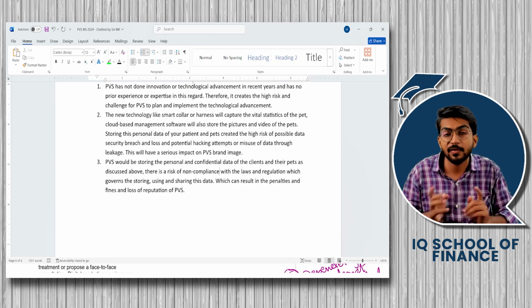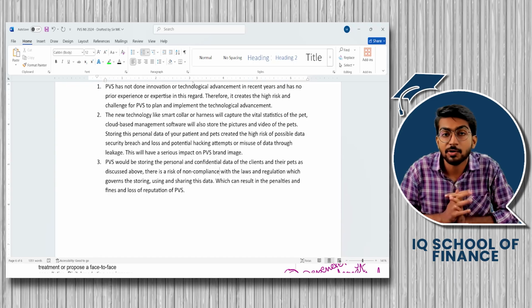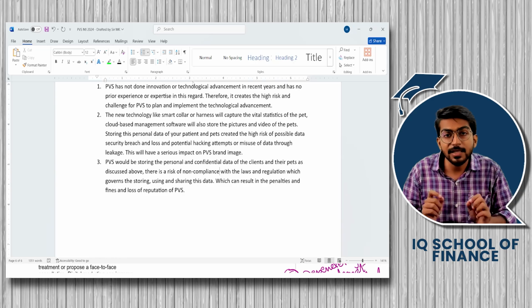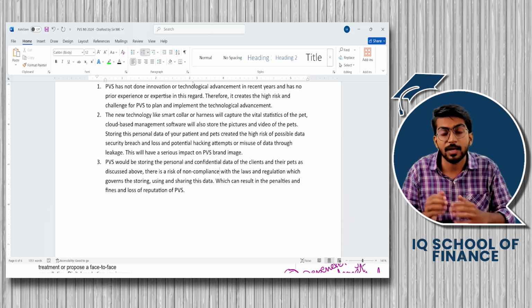Pooja, what you have done is you have mixed two points, right? You have mixed the data security or data breach thing with the non-compliance thing. These are two separate things, and I have always been advising you, and obviously these practice sessions are meant to remove your weaknesses, to always keep things separate, and only then you can deliver a good point.